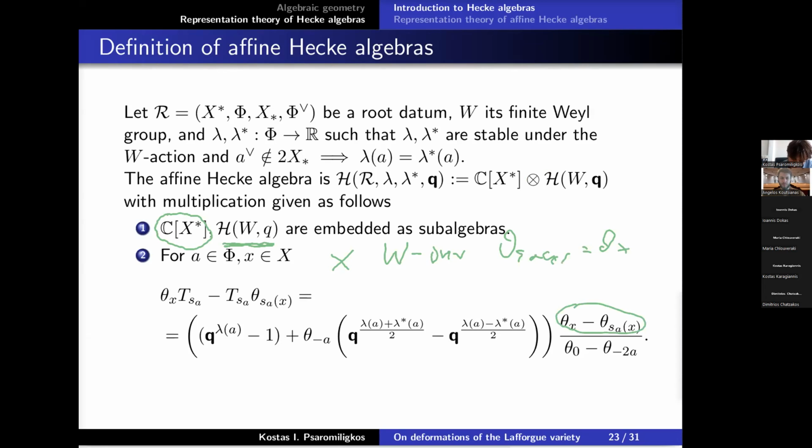In particular, this whole right-hand side is equal to 0, and the left-hand side is just a commutator. So if X is W invariant, this tells us theta X is actually in the center. It commutes with everything in here, because this algebra is abelian, and it commutes with all these operators generating the other part.